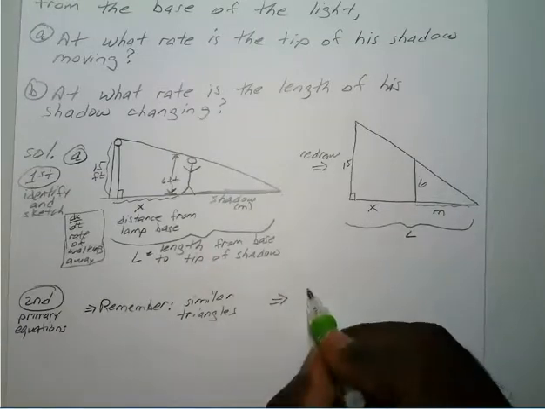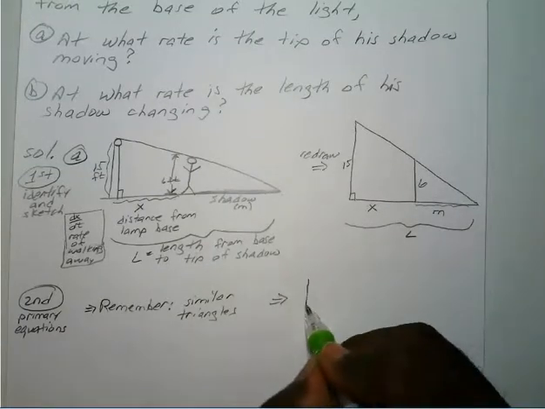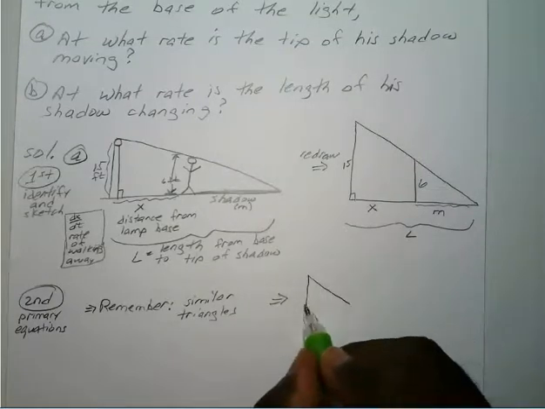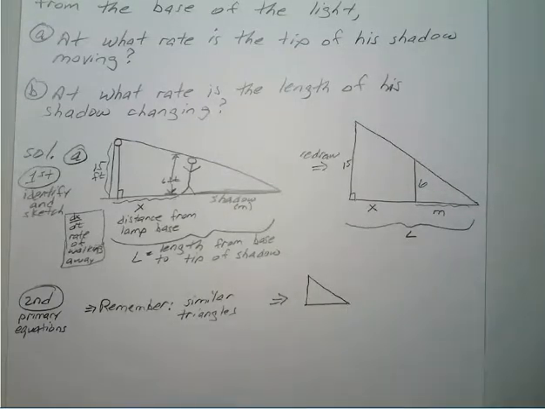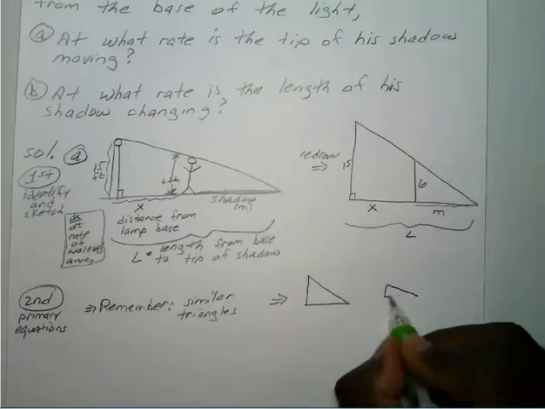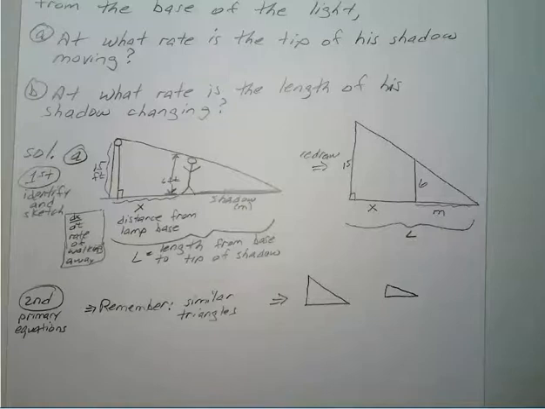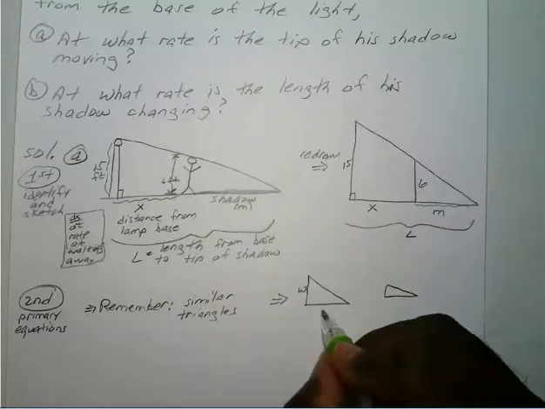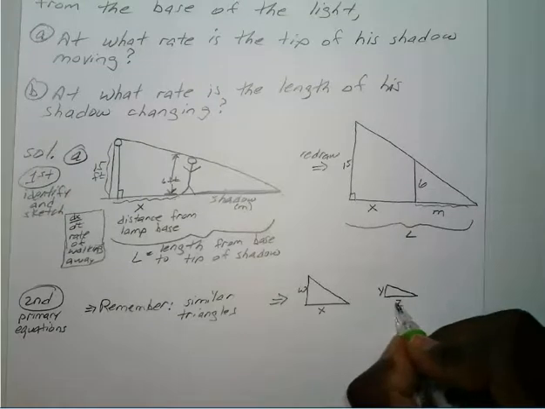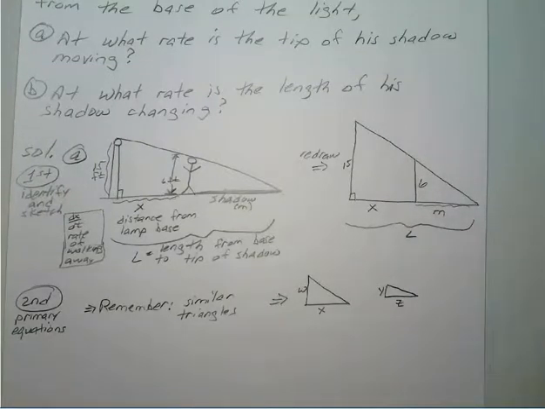If you remember, if you don't, this will be a good little review for you, where if you have two triangles that are different sizes but have similar shapes. Let's say this is side W, this is side X, this is side Y, this is side Z. Similar shapes, but just one's bigger than the other.